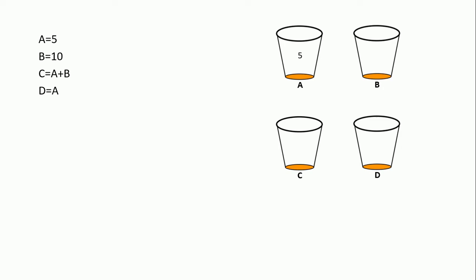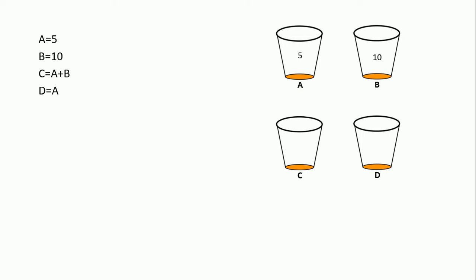Now A, which is a container in memory, has been given the value 5, and B has been given the value 10. Now C is saying get a container called C and make sure you find the sum of A and B and store it right inside. What's the value of A? The value of A is 5. What's the value of B? It's 10.